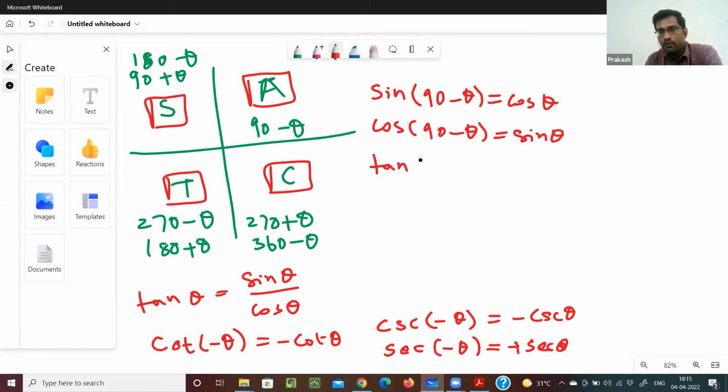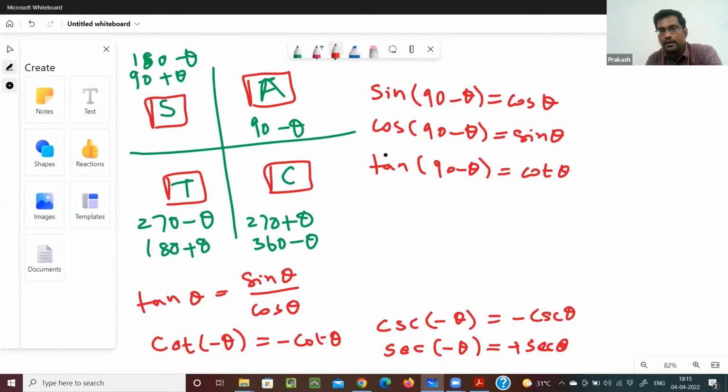And tan of 90 minus theta is equal to cot theta. Because here you see all the values are positive, because in the first quadrant all kinds of functions are positive, not only sine and cos.